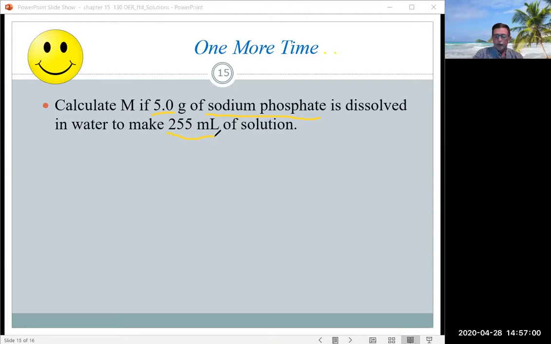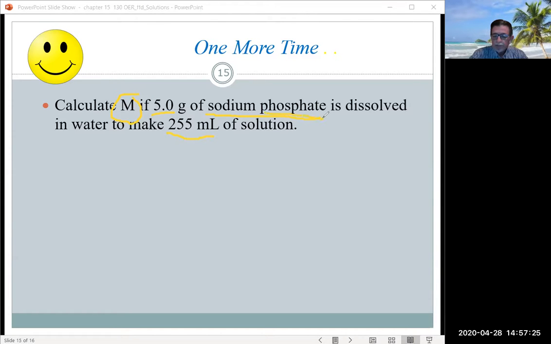Okay, and they want molarity, moles per liter. Okay, so 2 things to see here. We got 255 milliliters, so obviously we're going to convert that to liters. That's 1 point. Second of all, I need to figure out the molar mass of sodium phosphate.